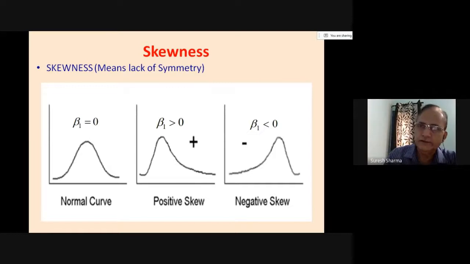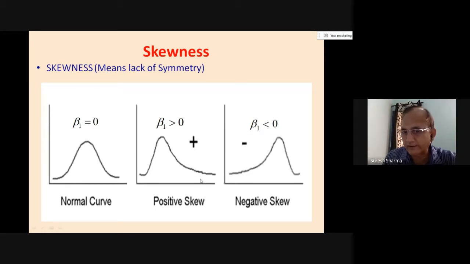But if you draw the histogram with one bigger bar here, and then three bars on the left-hand side but ten small bars on the right-hand side, the curve will look like this. If you drop a line from the highest point, the area on the left-hand side is less, but the area on the right-hand side is more.